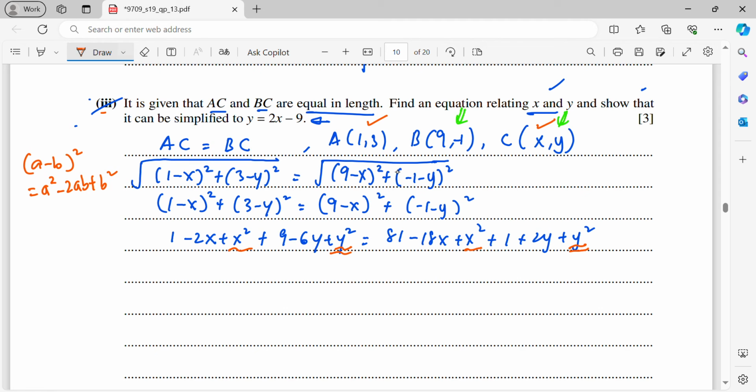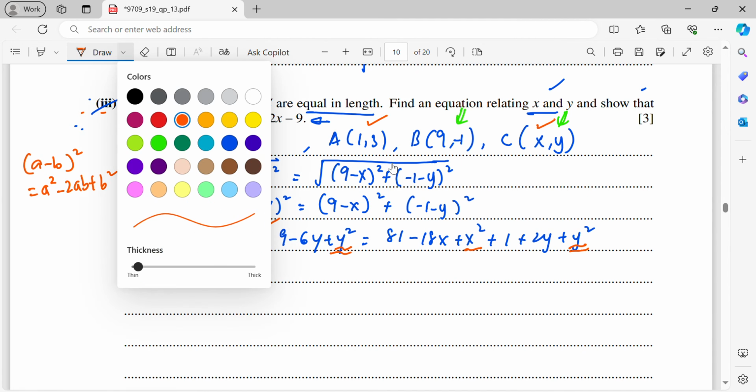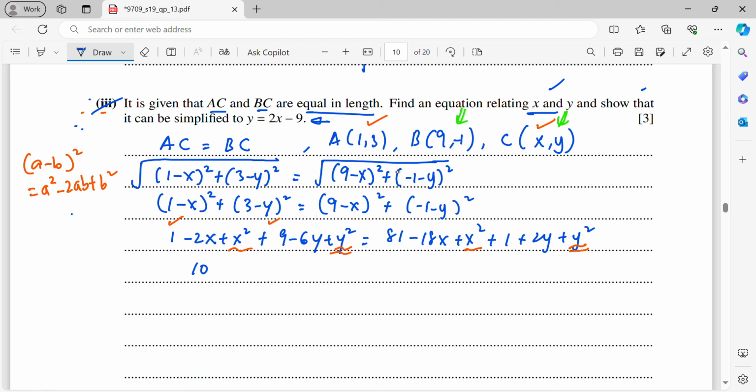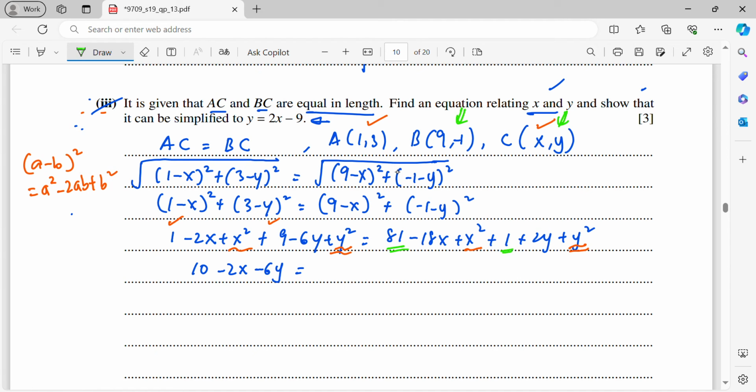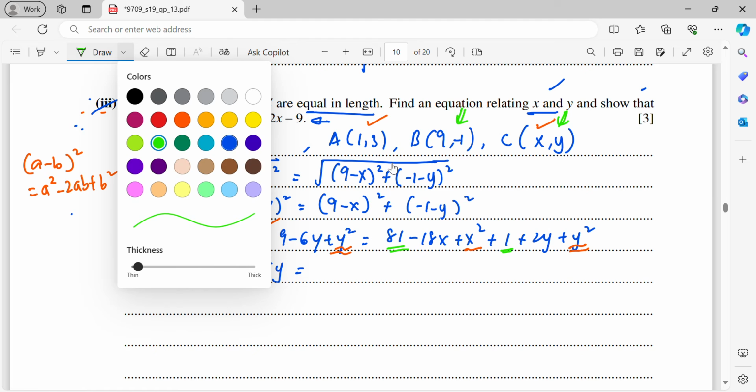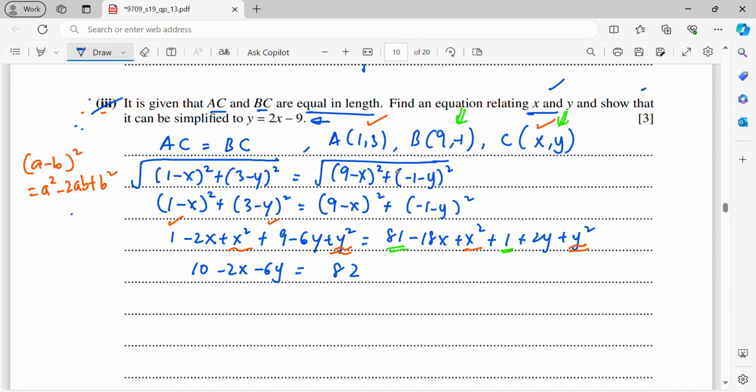So the rest I will simplify. On the left hand side, you see here 1, here 9, therefore the total is 10. I will get minus 2x minus 6y. For the right hand side, 81 and plus 1 is 82, and then minus 18x plus 2y.